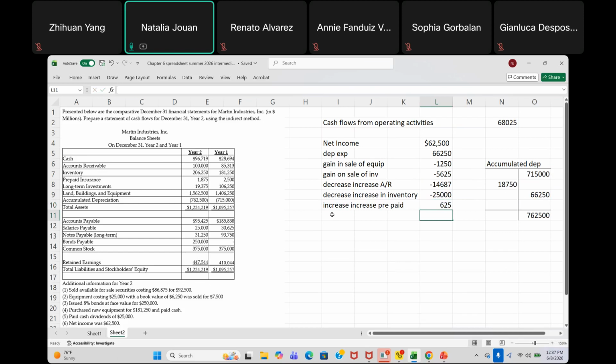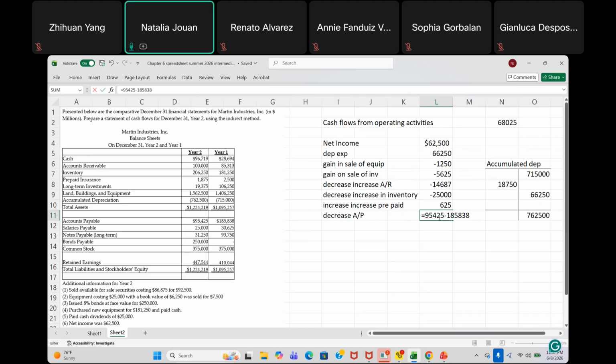We have an accounts payable decreasing. So we're going to decrease accounts payable. Right. So now we have 95,425 minus 185,838.